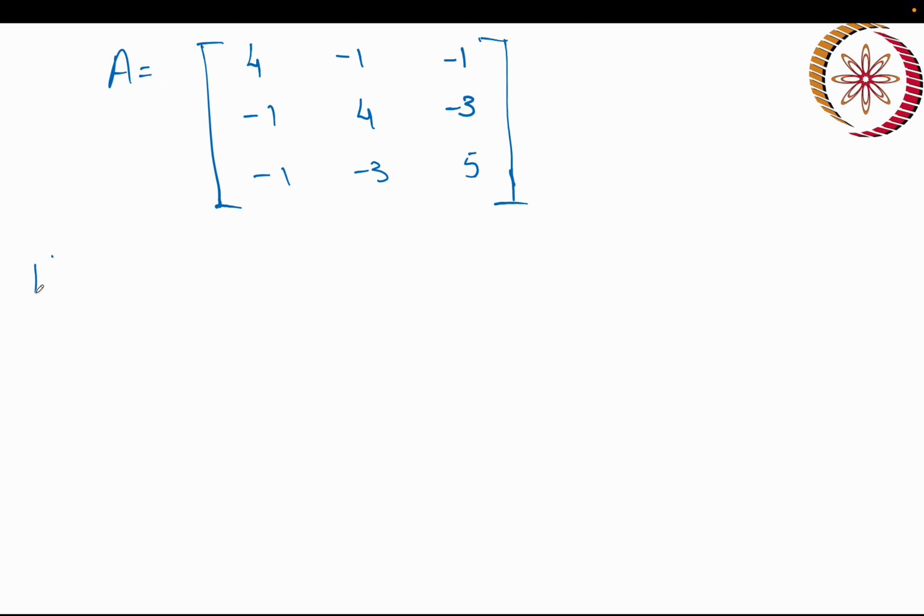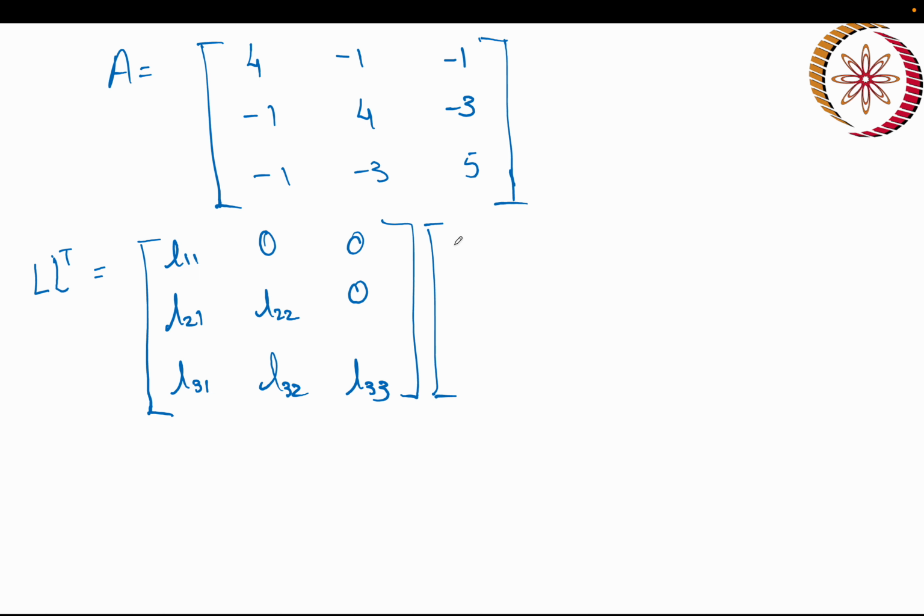We will write L and L transpose, do this multiplication, and then equate the terms. First it will be L11, L21, L31, then 0, L22, L32, 0, 0, L33.